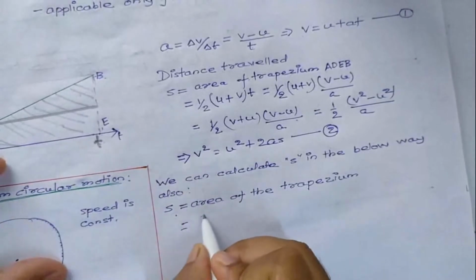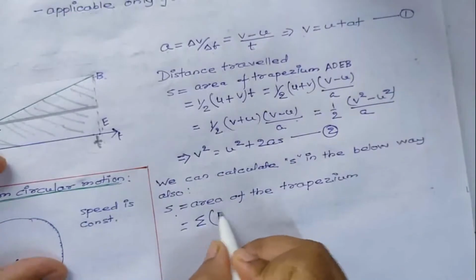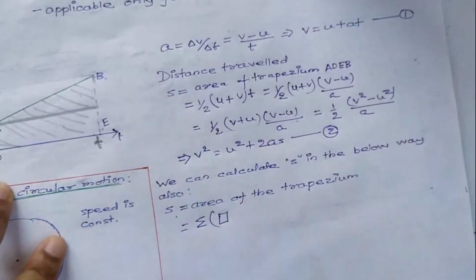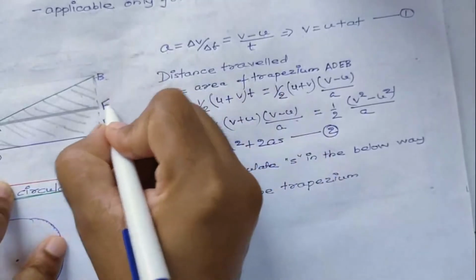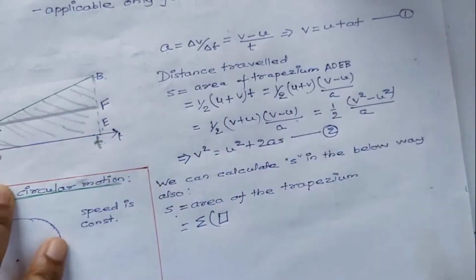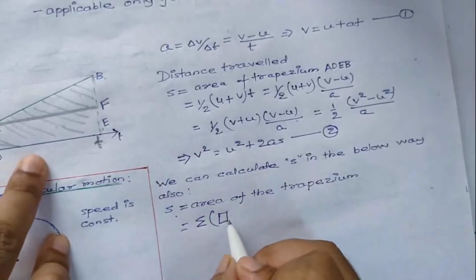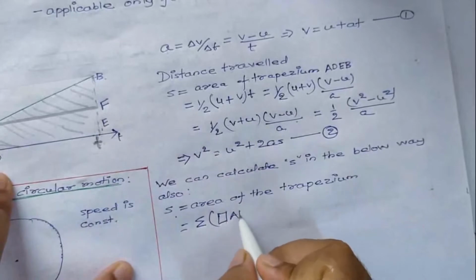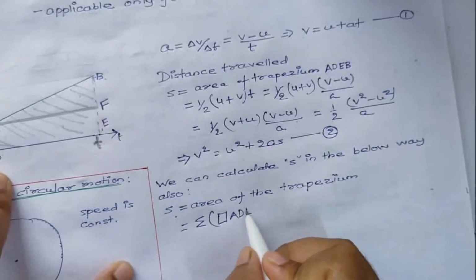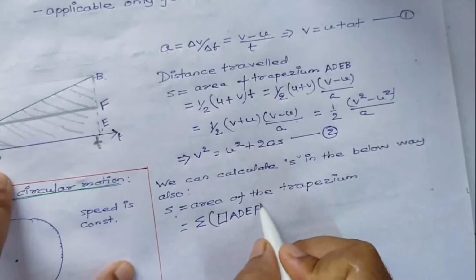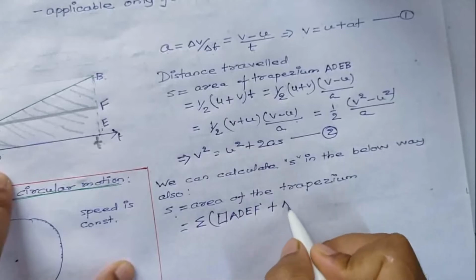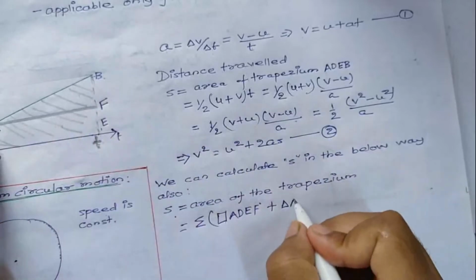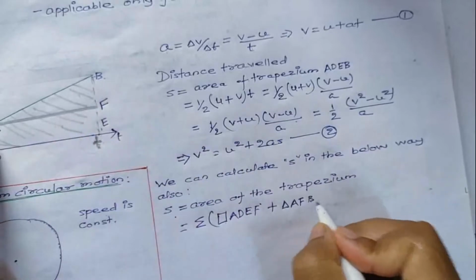That means it will be the sum of the area of the rectangle. Okay, let us give some point to this, f. So the sum of the area of rectangle ADEF, fine, plus the area of triangle AFB.